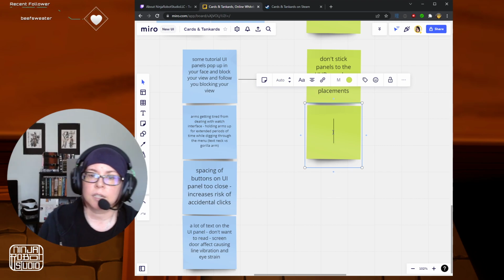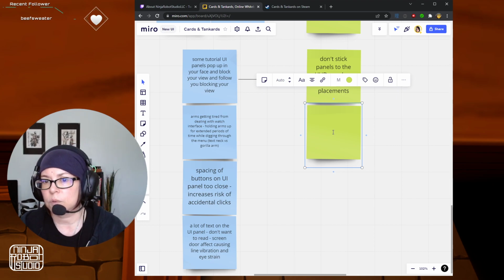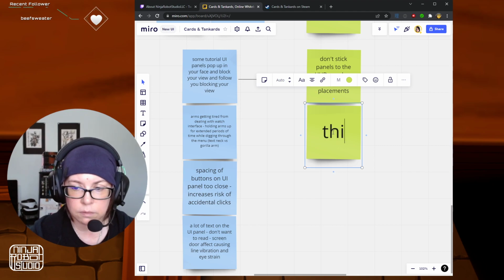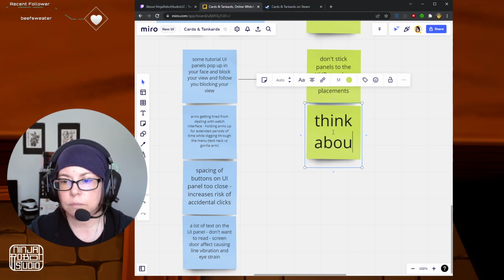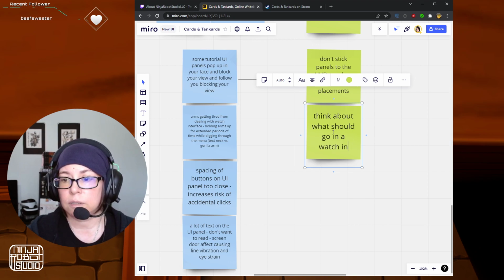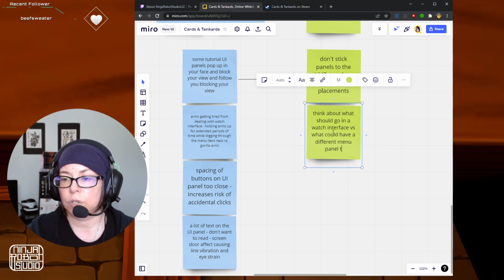So, arms getting tired when dealing with the watch interface, like holding up arms for extended periods of time. Think about what should go in a watch interface versus what could have a different menu panel treatment.